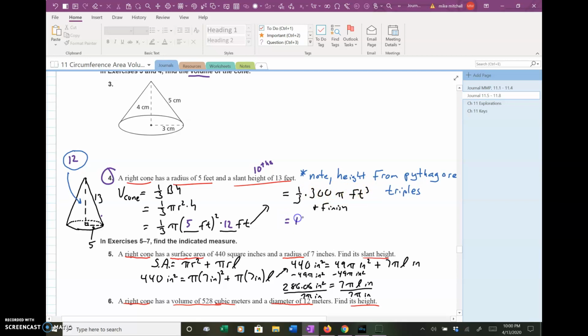That's going to be 100 pi feet cubed, which is going to be about 314.159265. We're going to round that to tenths today, 314.2 feet cubed. Again, feet cubed because it's volume.